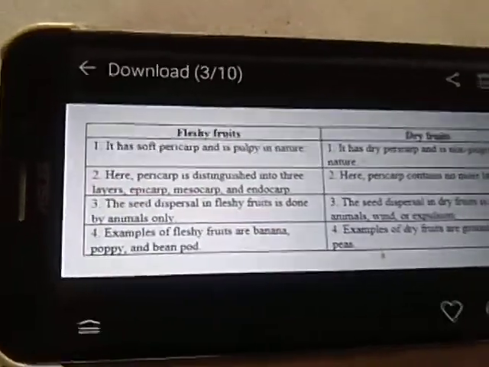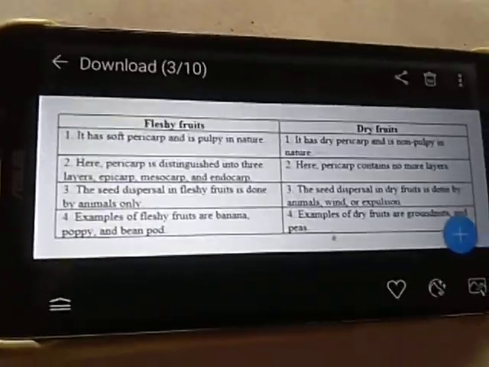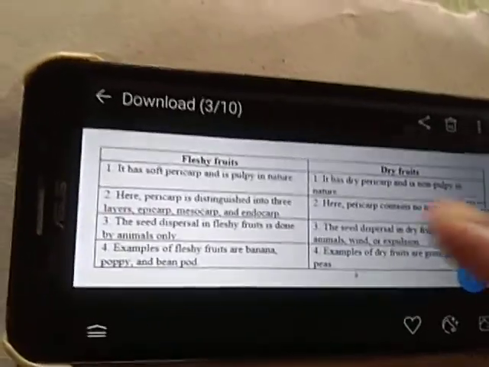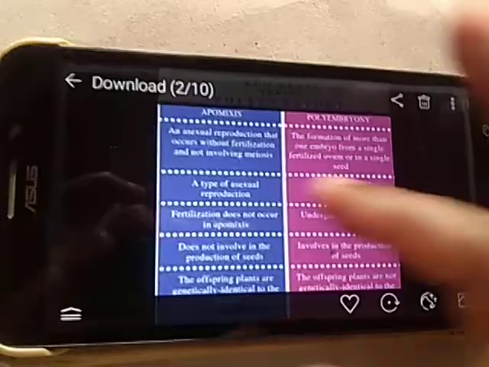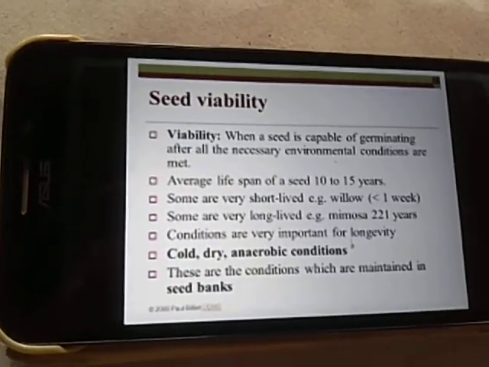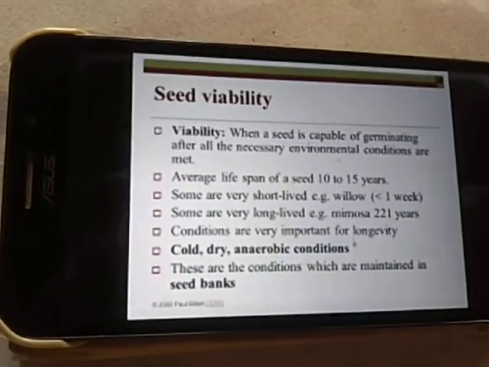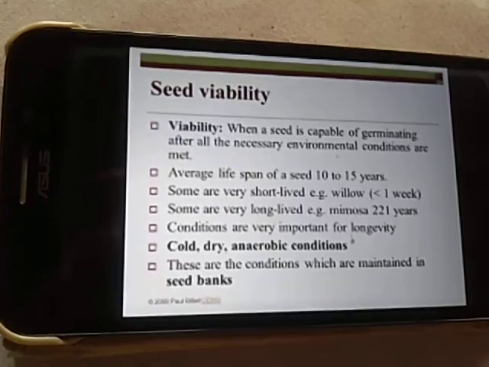So you will also study here fleshy fruits and dry fruits, true fruits and false fruits, and their layers of pericarp. Okay. And now you will also study one term here, seed viability. Seed viability means the time period up to which the seed can germinate, the capability of germination of the seed, that is called viability.